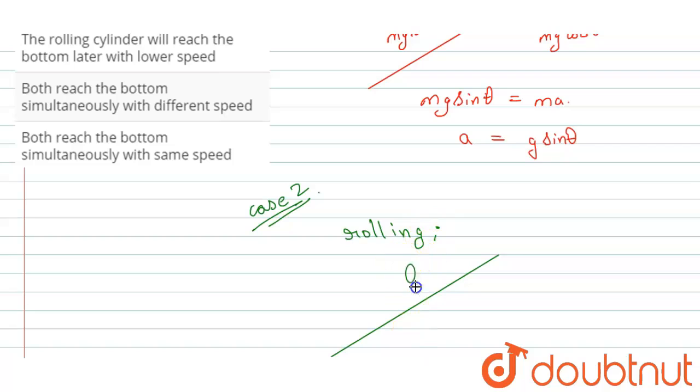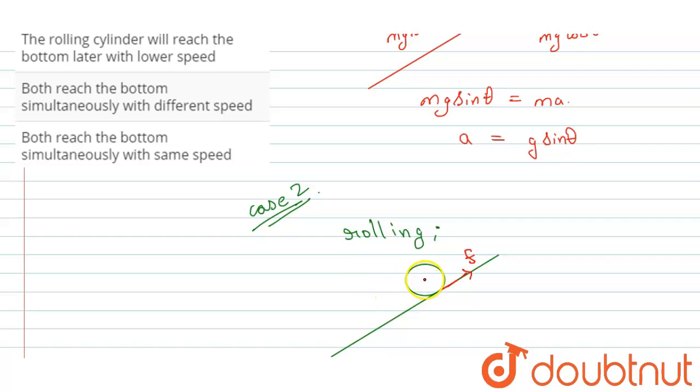This is the cylinder, and here when the cylinder is rolling, there will be a frictional force F acting, and also a torque for rotating the cylinder.